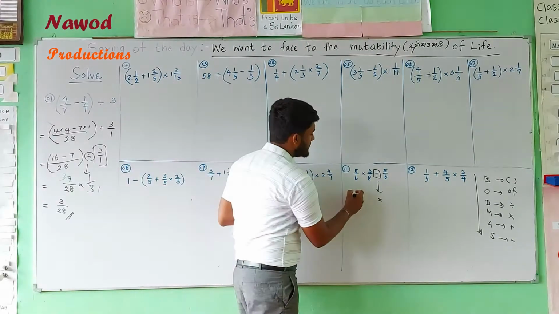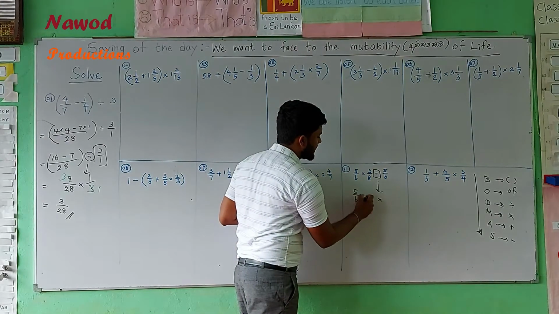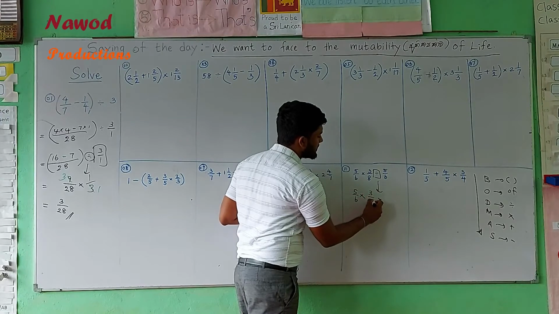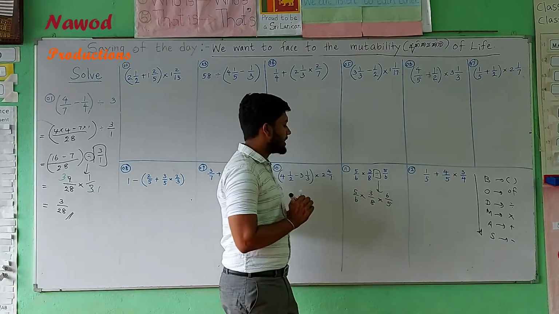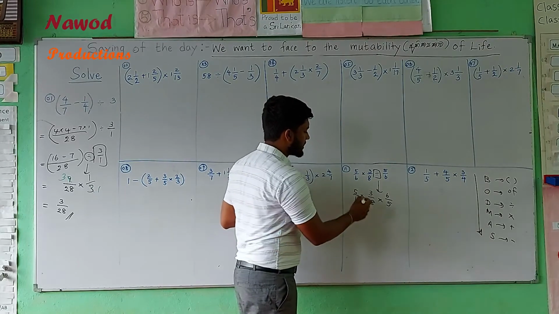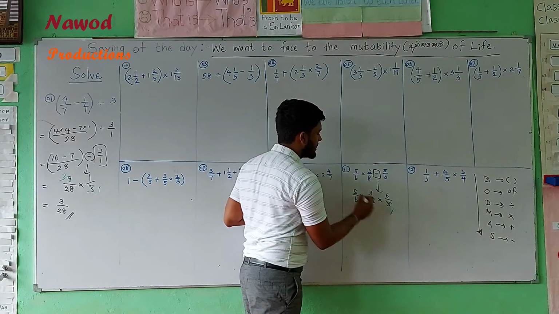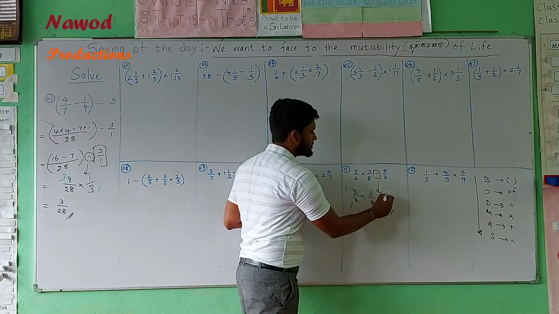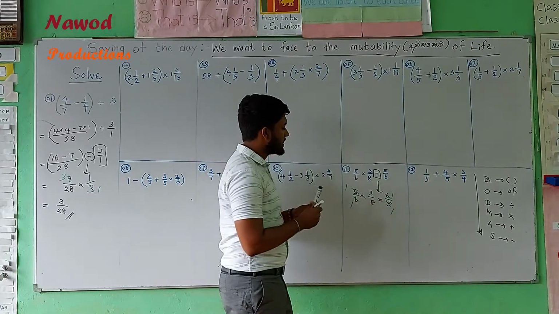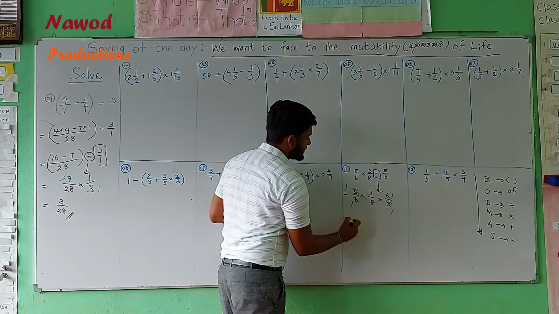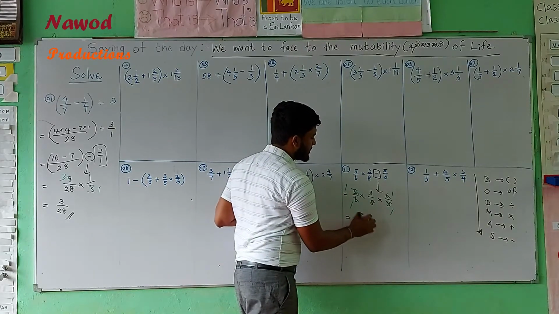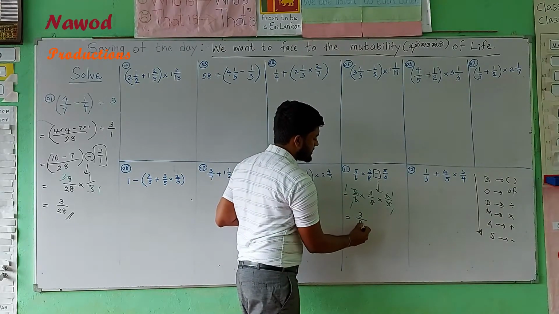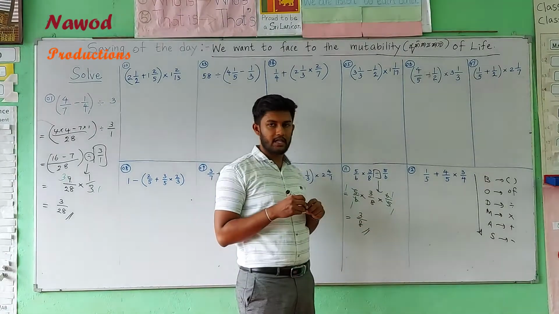Then here 5 over 6 multiplied by 3 over 8 multiplied by 6 over 5. Then you can cut the same things, 5 into 1, 5 into 1, 6 into 1, 6 into 1. Then you can obtain 1 into 3, 3, 1 into 8, 8. Like that way you can obtain the answer.